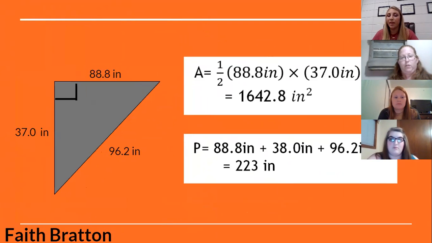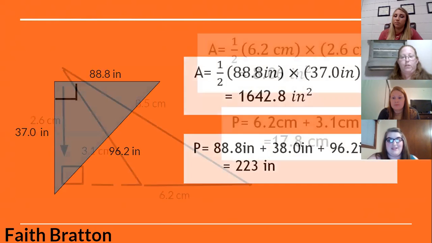And we're still going to multiply it by 1/2, and we're going to come out to 1,642.8 inches squared. And our perimeter is going to be all the outside sides added up to get 88.8 plus 38.0 and 96.2 to equal 223 inches.